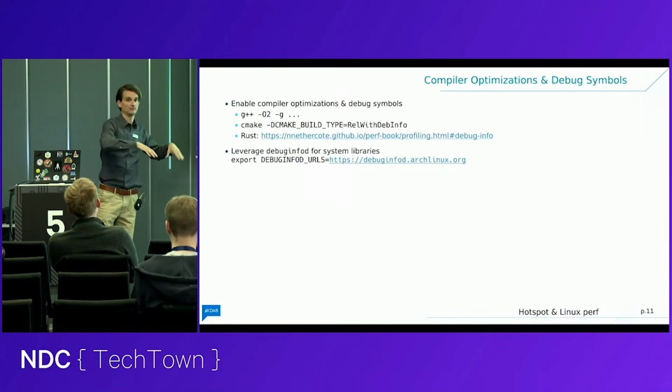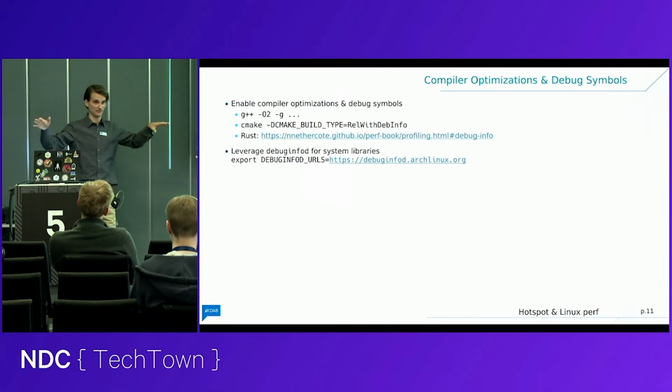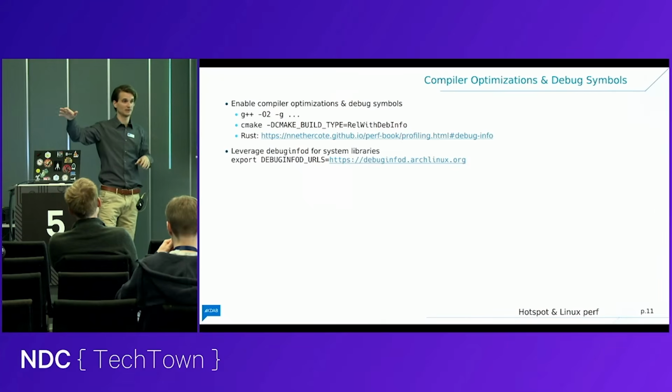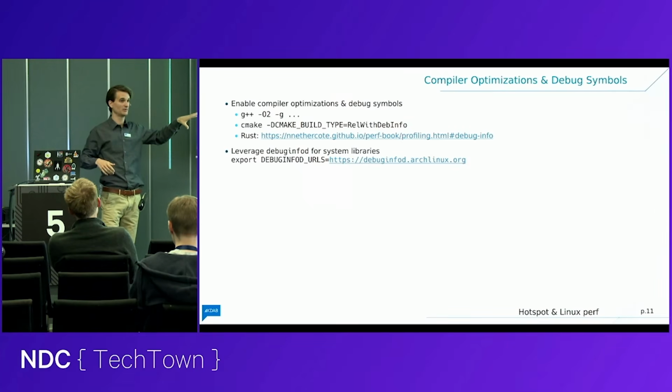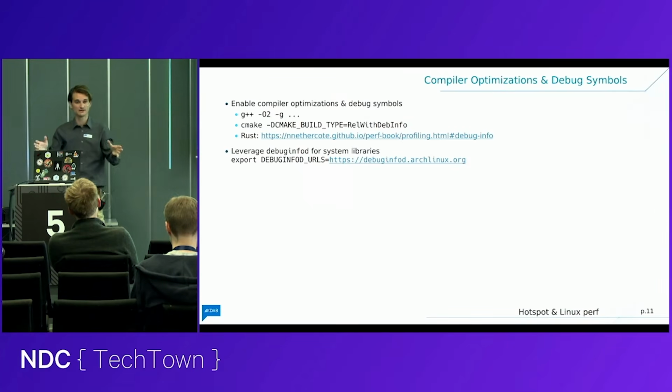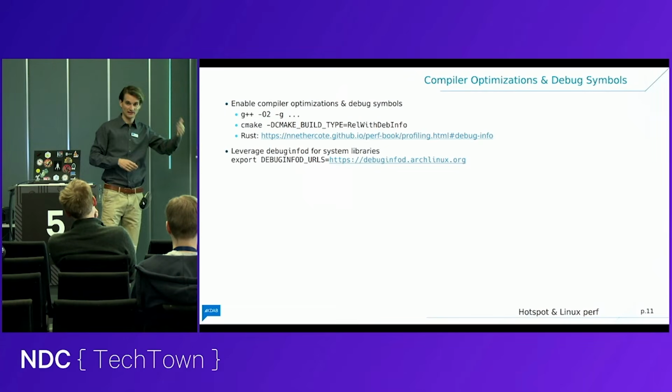If you're profiling, make sure you have both enabled, right? You definitely need the debug symbols and you definitely want to have your compiler optimizations enabled, because otherwise this claim of C++ being a zero-cost abstraction language is far from true, right? It's a lie. But as soon as you do enable compiler optimizations, now we are talking, right?